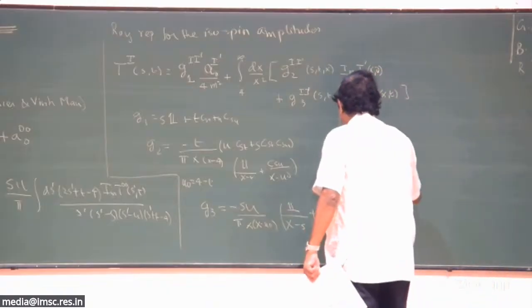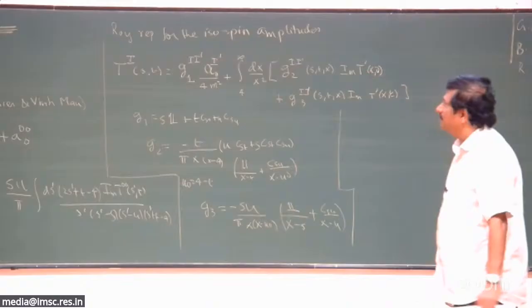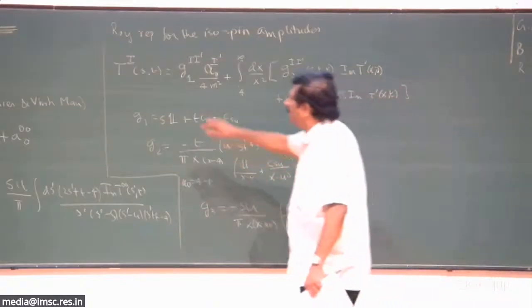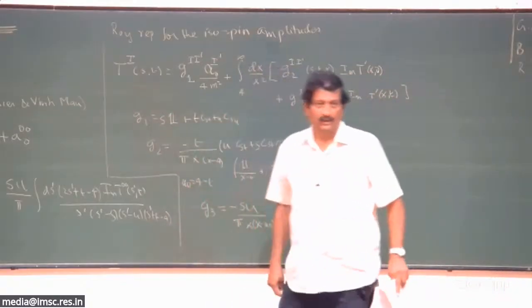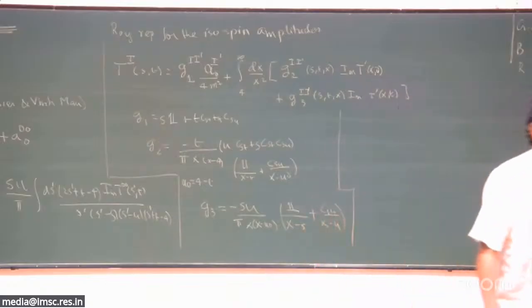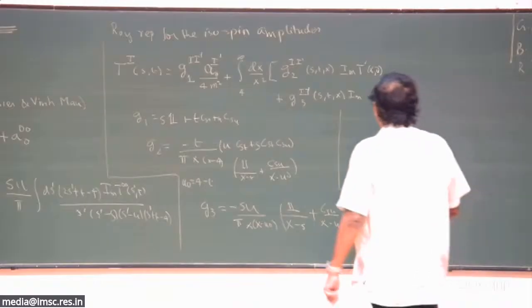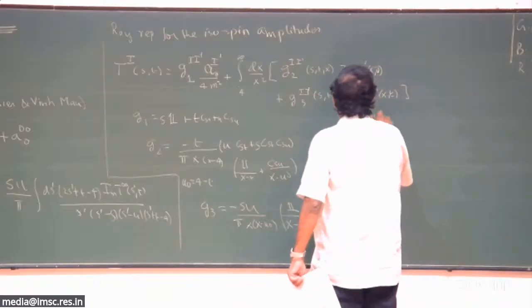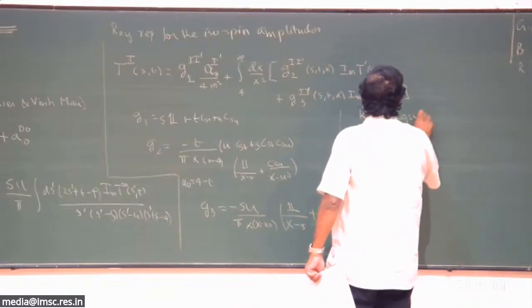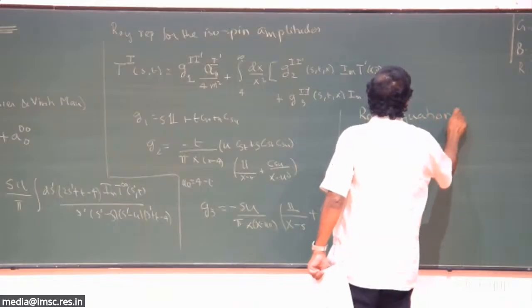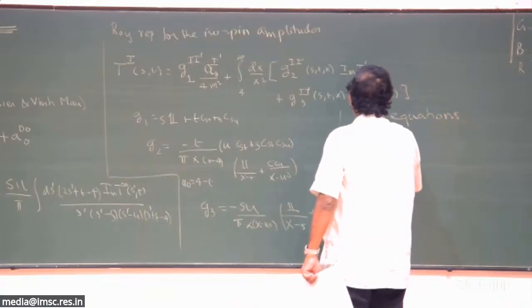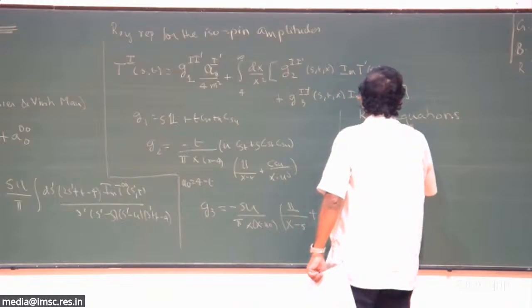And then what S.M. Roy does is he wants to project this onto partial waves. So these famous Roy equations, as they are called, are obtained this way. Equations for what? Equations for pi pi partial waves.